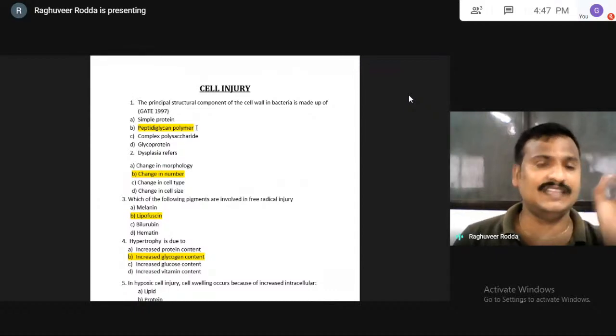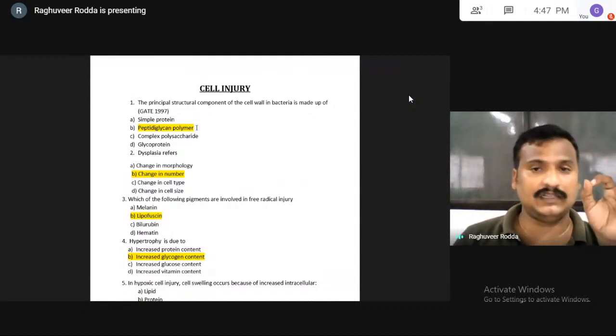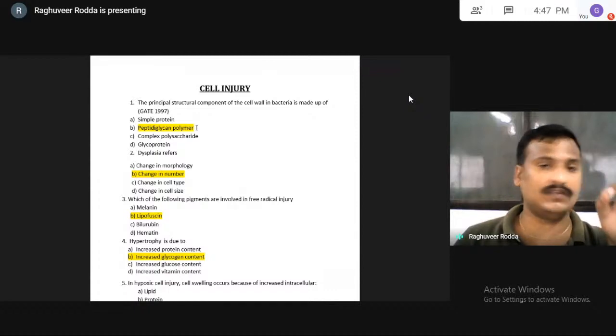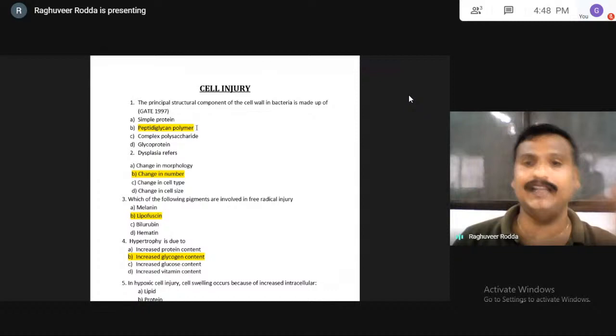Because of this, drugs like antibiotics are very useful to combat various bacterial diseases. Peptidoglycans are a very important component present in the cell wall. Simple proteins, definitely if it were a simple protein, the cell would be easily killed; the bacteria would be killed by the osmotic process of the human body.